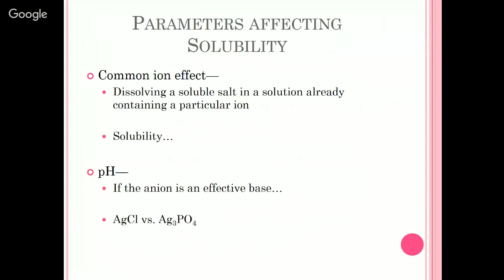I'm trying to think of a good example. For example, if I have iron chloride, or iron 3 chloride, sure, iron 3 chloride, iron 2 chloride, it doesn't matter. Iron in solution will form an insoluble precipitate with the hydroxide ion. You can form iron hydroxides.